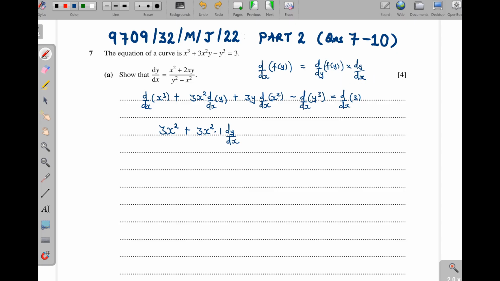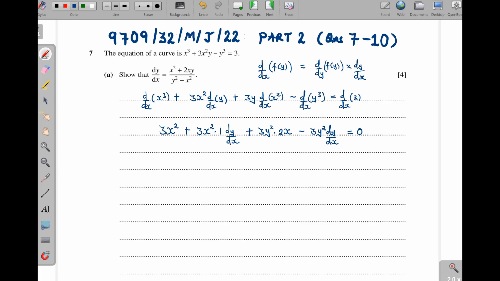Okay, then plus this will be 3y, then times, when you differentiate x squared, you get 2x, minus this will be 3y squared when you differentiate y cubed with respect to y, but then you have to multiply by dy dx. And then this side, when you differentiate a constant, you will get a 0.